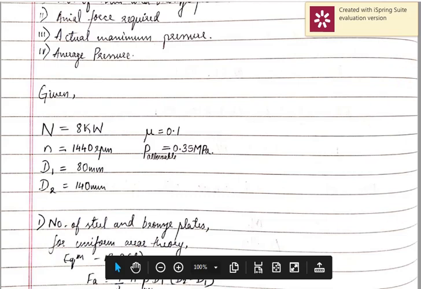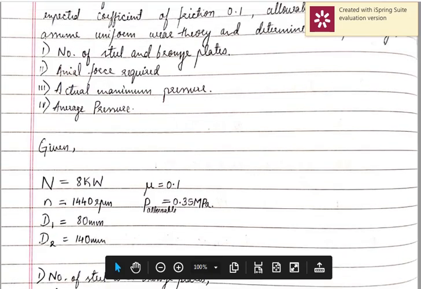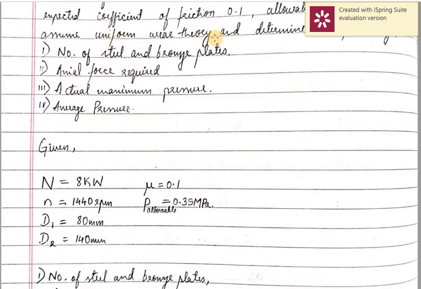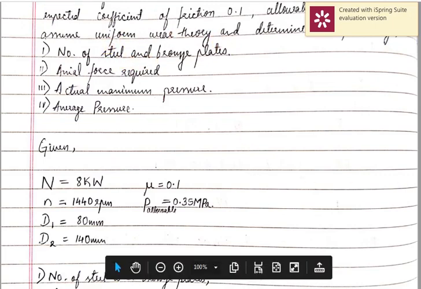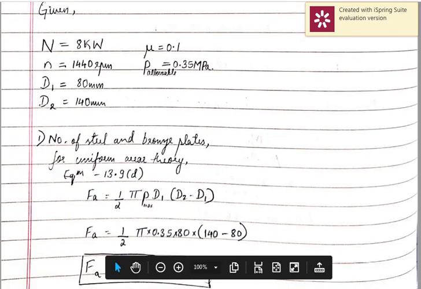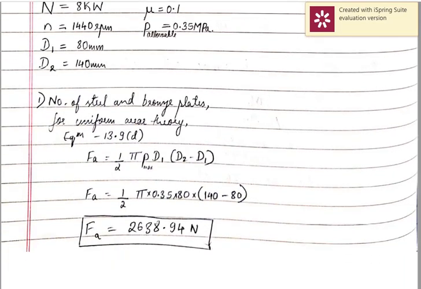We have to assume uniform wear theory. So first, let us find the number of steel and bronze plates using uniform wear theory.